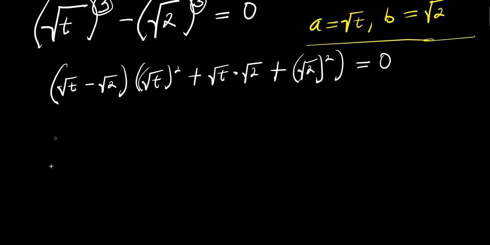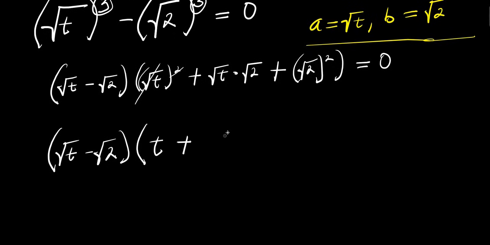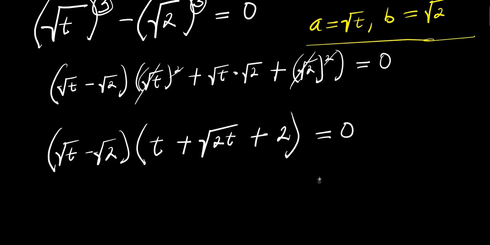So right now we are going to have square root of t minus root 2 times this will give us t plus this is square root of 2t plus this is 2, and this equals 0.